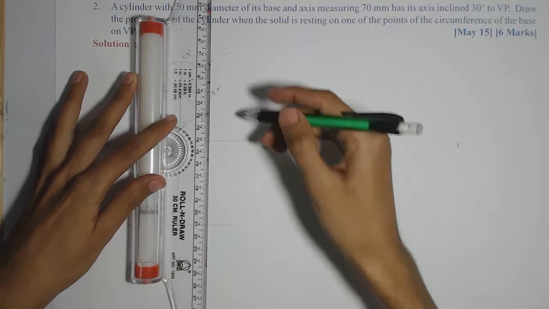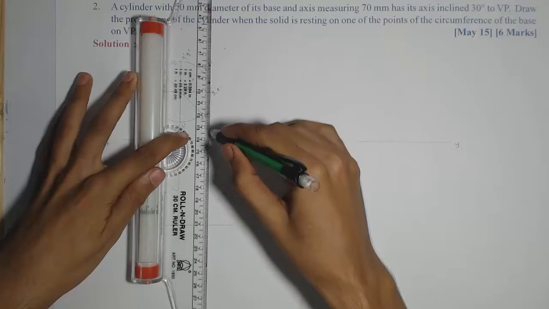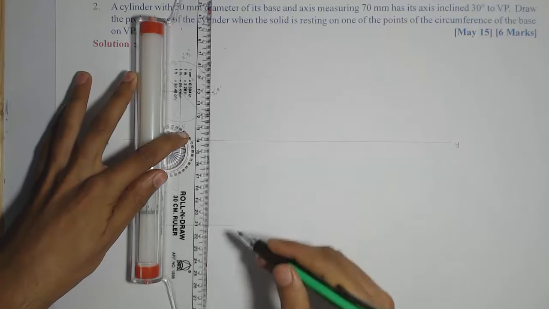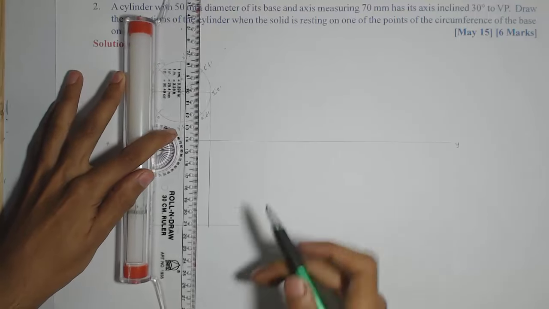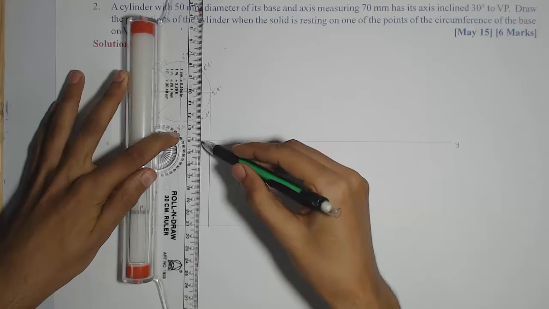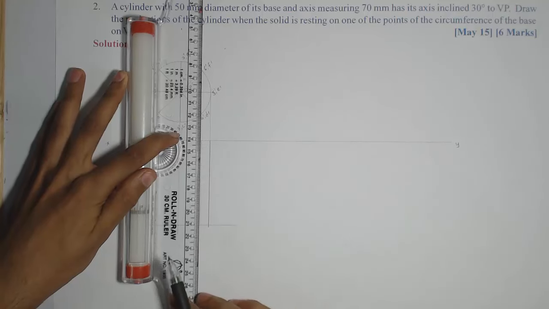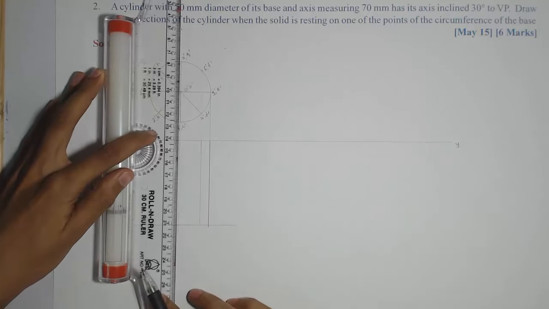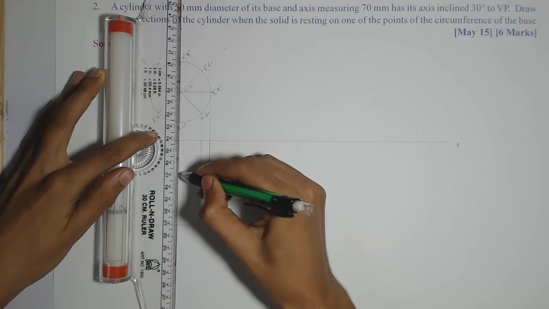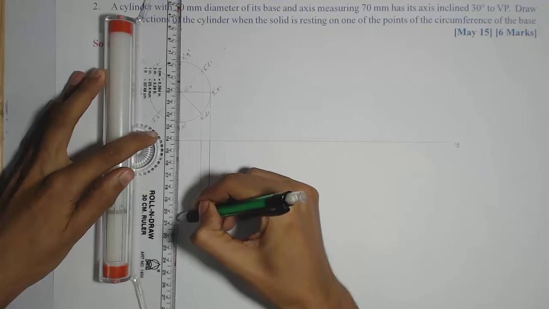So first I will mark the boundary of the cylinder by projecting these end points. So the boundary will be dark, so I am making it dark. Then the imaginary projector from 6 and 4 will be a light line. Then from the center OO, it is the axis, so long dash short dash.